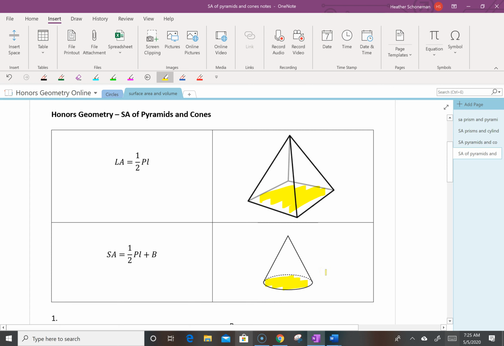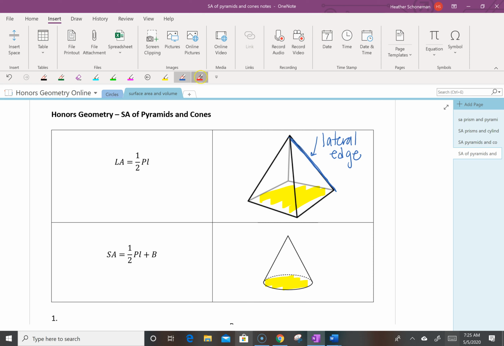And there's a couple measurements that we need to know in these different shapes. So in a pyramid, this segment right here is called the lateral edge. The lateral edge is never actually used in a formula, but sometimes it'll give it to you and then you use the lateral edge to find what you do need.